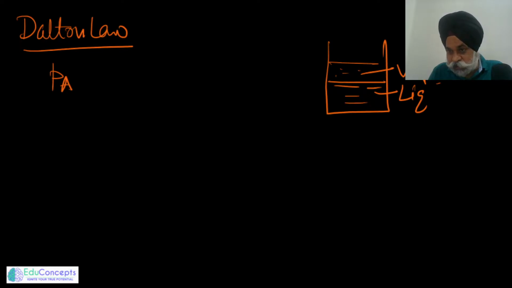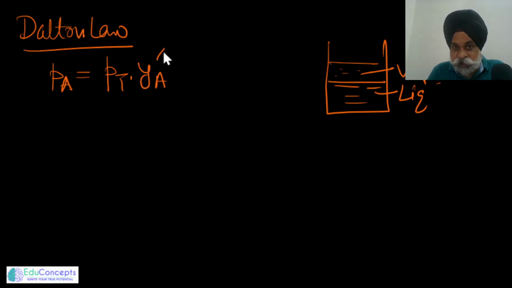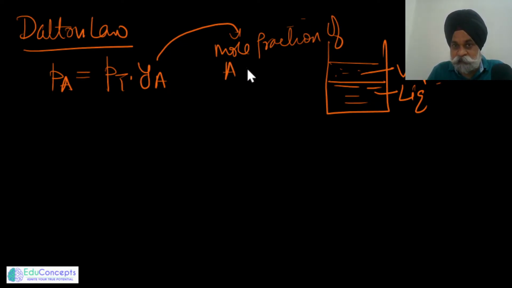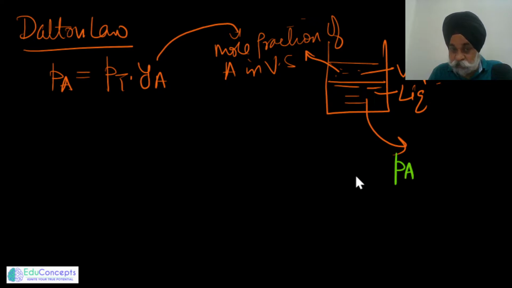What does Dalton's law say? Dalton's law says P total into YA. Now what is YA? This is the mole fraction of A in the vapor state. This you have to understand. And in the solution, while evaluating the partial vapor pressure of A from the values of mole fraction of A and B in solution, we have to apply Raoult's law.